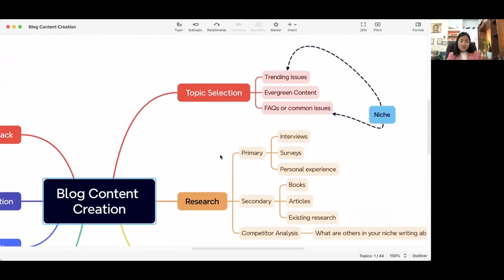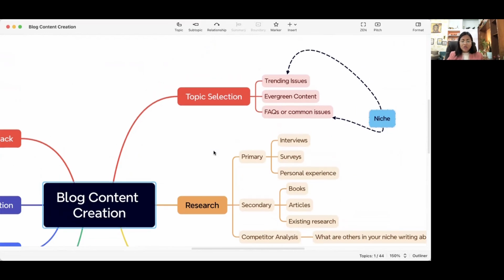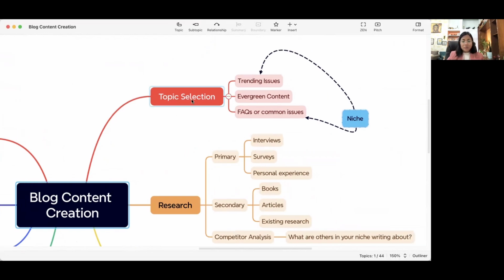Okay, so suppose, imagine that you are a blog content creator, and you want to start writing a blog, and so you want to curate some content or maybe produce your own content, and you want to create a strategy. So let's say you start with topic selection, and then you say, okay, in topic selection, I have to first see what are the trending issues in my niche, what are the commonly asked questions in my niche.